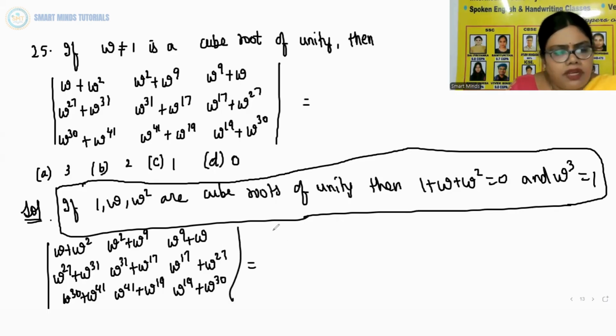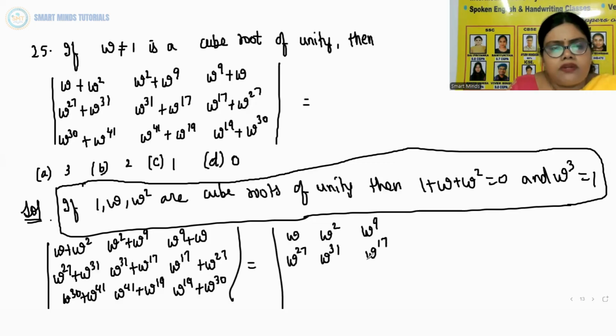Now we can separate them. Like we can write this as omega, omega power 9, omega power 31, omega power 17, omega power 30, omega power 41, omega power 19.